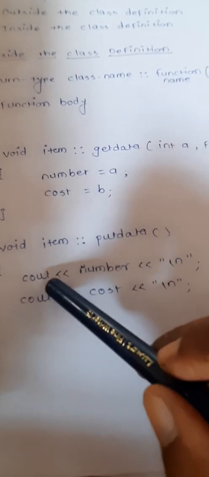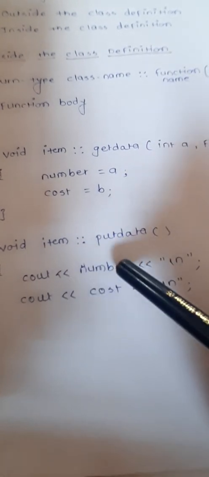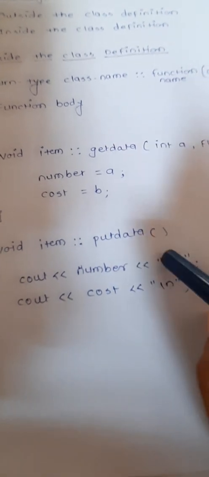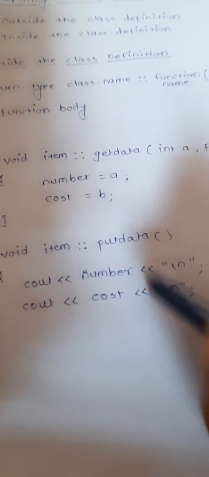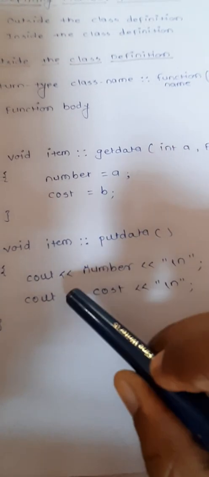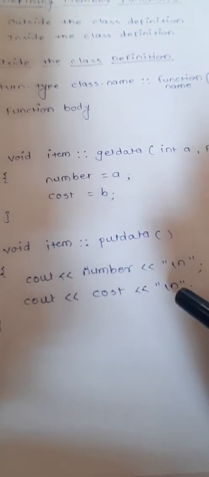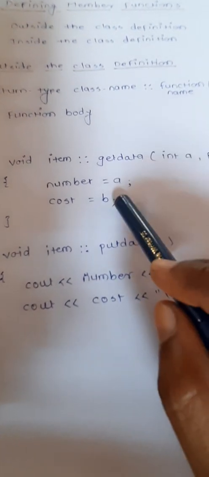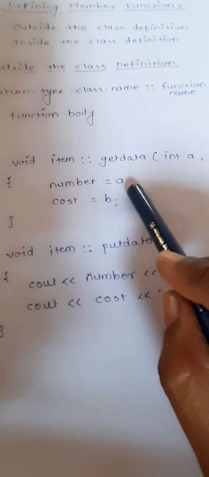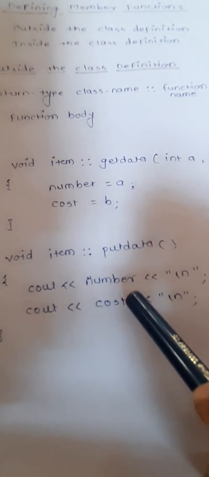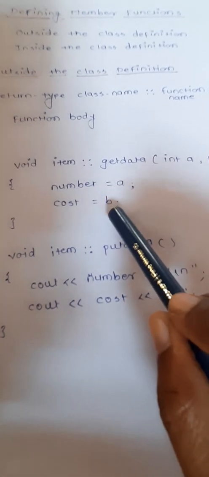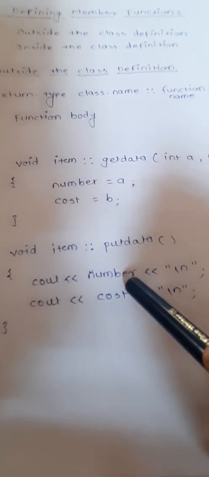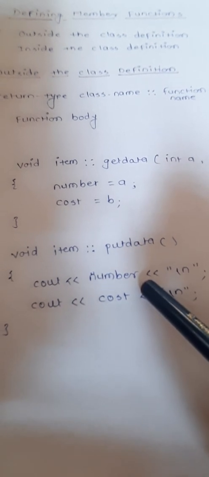So here we write cout, insertion operator, number, and we want to display the output on separate lines, so we write \n. Then cout cost, and here is also \n. So the output will be number with whatever value we assigned, and cost with whatever value we assigned for cost. So two values will be displayed as output.